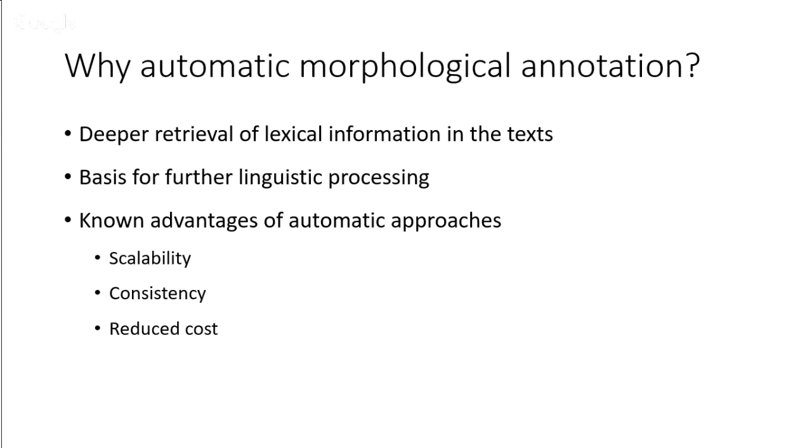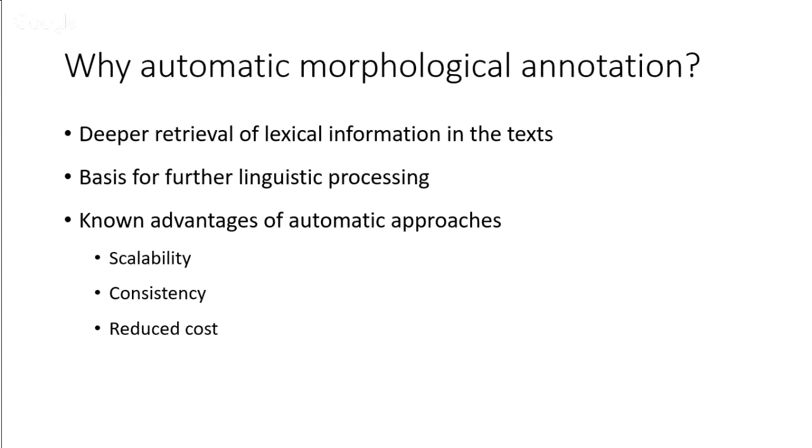Also, the type of errors that automatic annotation tools make tend to be consistent. So humans make mistakes, machines make mistakes if they're not programmed well, but the type of mistakes that machines make are usually very consistent. So we can tackle them directly, and we can try and fix them.